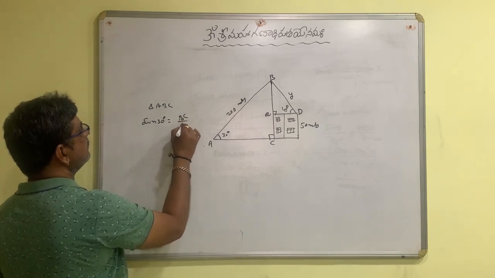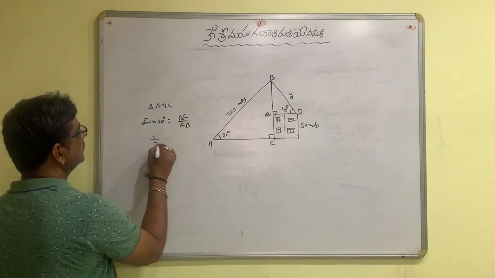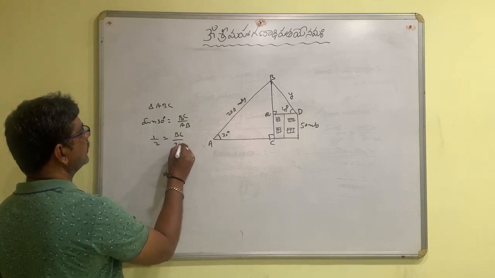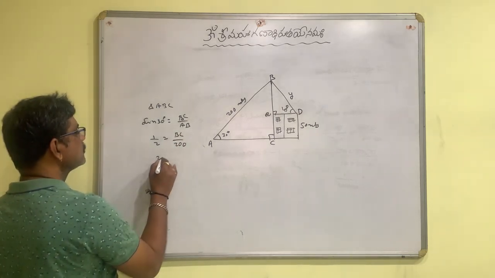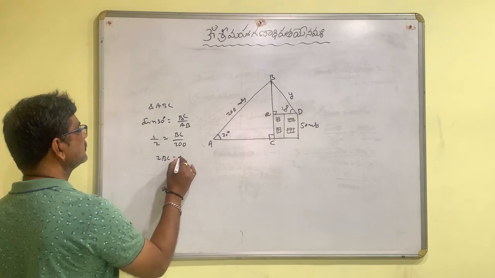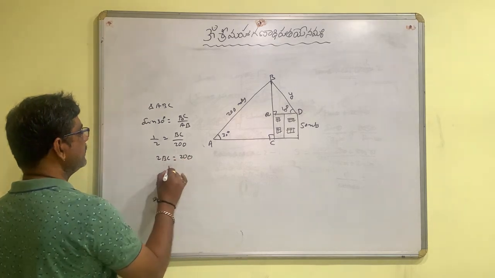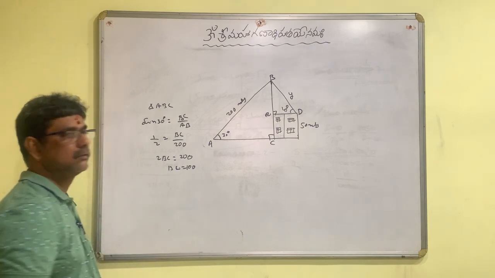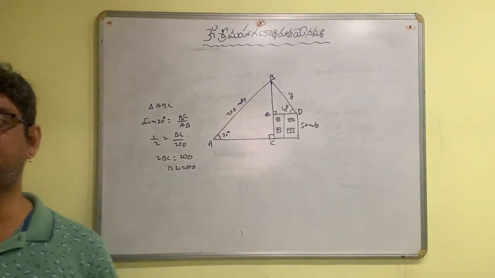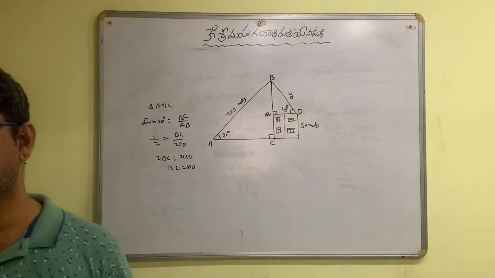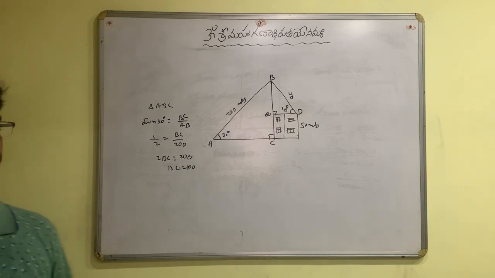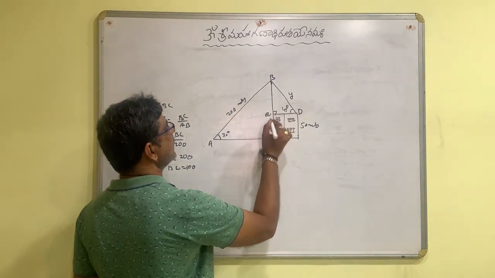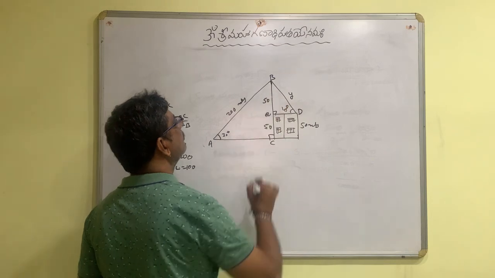BC by AB. You know sine 30 is 1 by 2. AB is 200. So 2BC is 200, BC is 100. So the vertical height of the bird is 100 meters. So in that 100 meters, this is 50, then this is also 50.